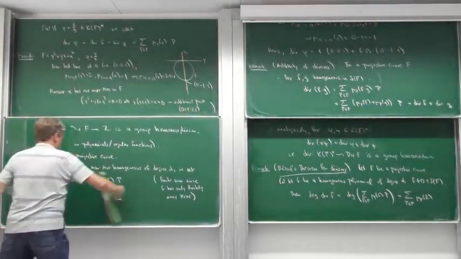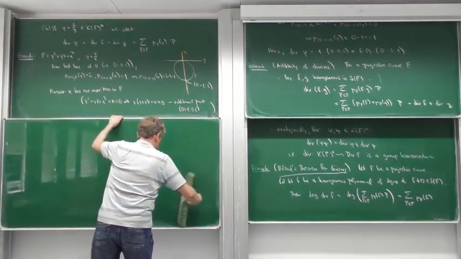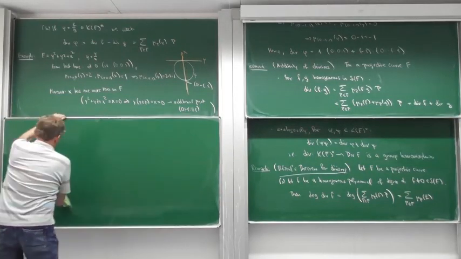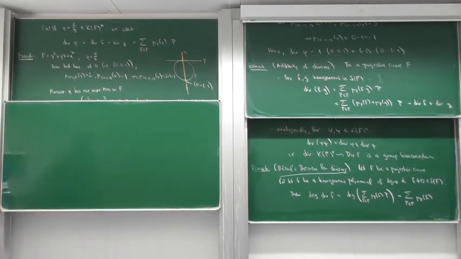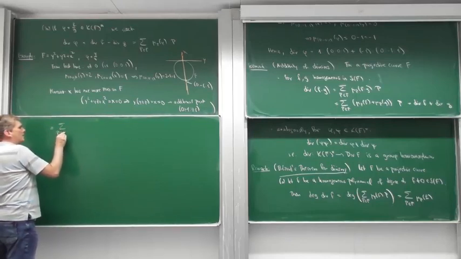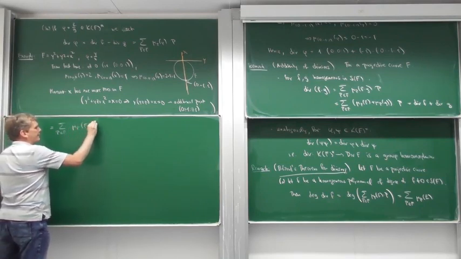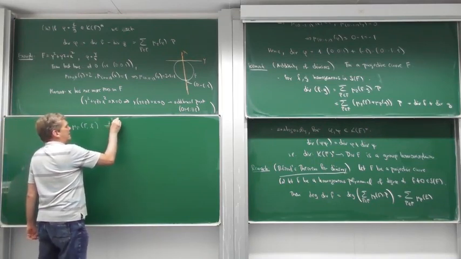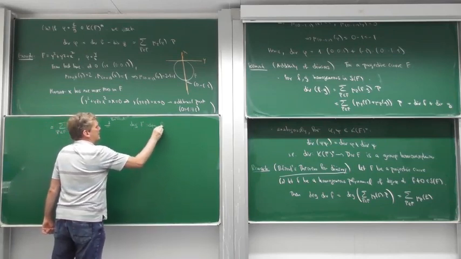So we sum up all these multiplicities, and Bezout's theorem told us what we get from that, namely the product of the degrees, the degree of the curve and the degree of the polynomial that we consider. So by definition of these multiplicities, it is the sum over all P of mu_P of F and f, and thus by Bezout is just the degree of capital F times the degree of little f.